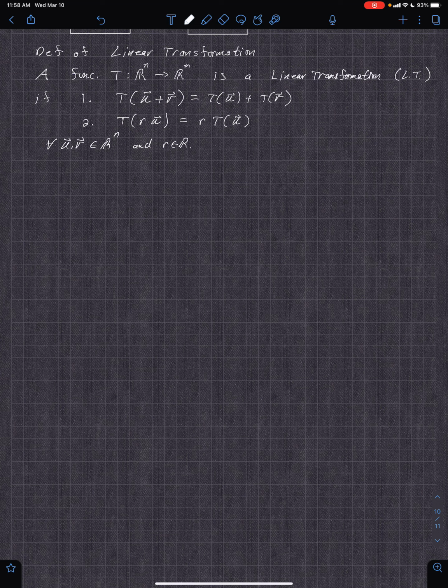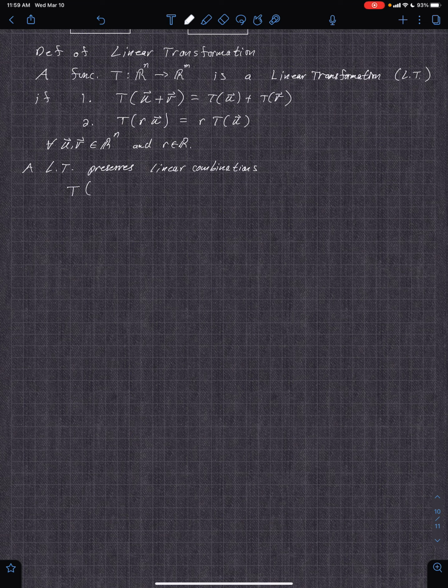What if you add those two together, or combine those concepts 1 and 2? We say a linear transformation preserves linear combinations. And so linear combinations would just look like this.